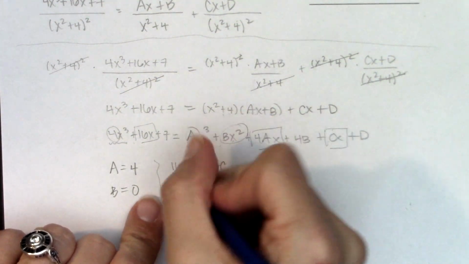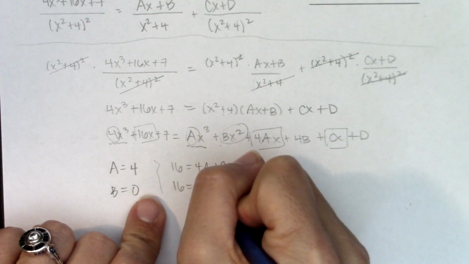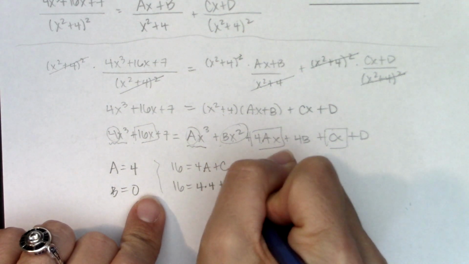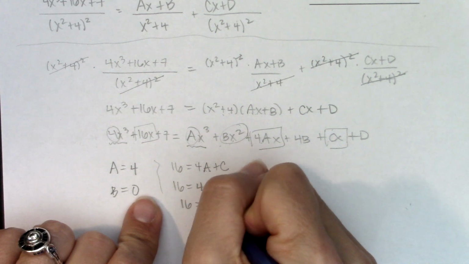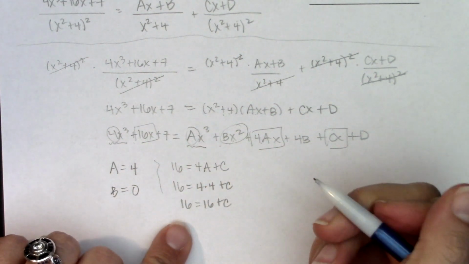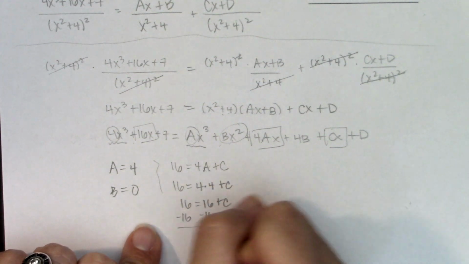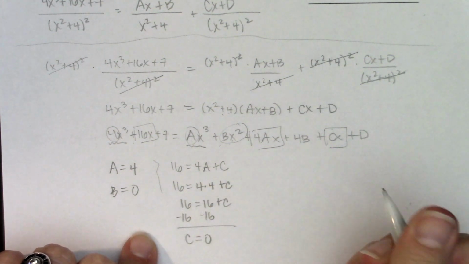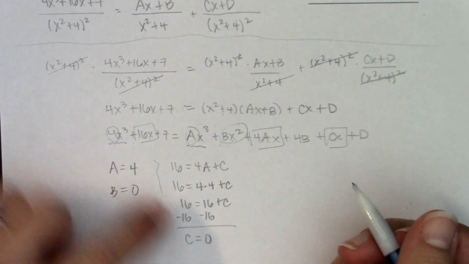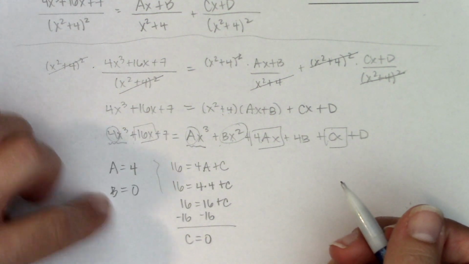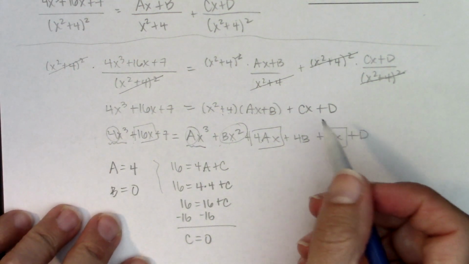We know a is 4. So that's telling me 16 has to equal 4 times 4 plus c. 16 has to equal 16 plus c. If I subtract 16 from both sides, you can see c is also equal to 0. All right, so I have 3 of my constants at this point. I know a is 4, I know b is 0, and c is 0. That's great. I love when things cancel out.